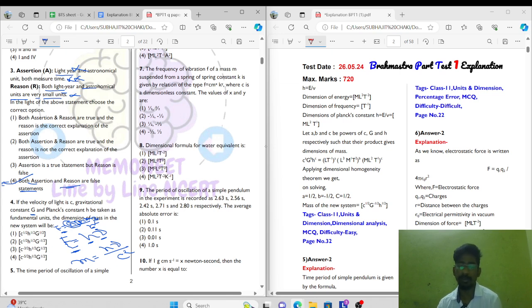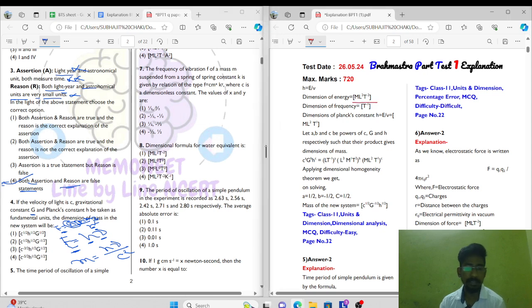So this is the dimension of energy. The dimension of frequency nu is nothing but 1 by t, where t is the time period, and the dimension of time is T, so the dimension of nu is T minus 1. Therefore the dimension of Planck's constant h equals E by nu.